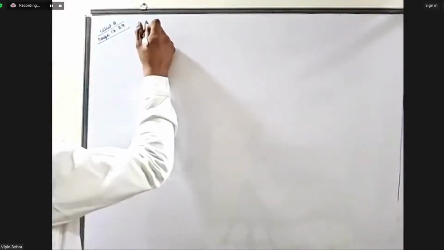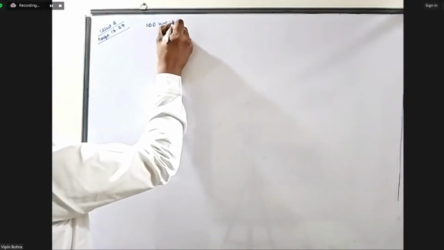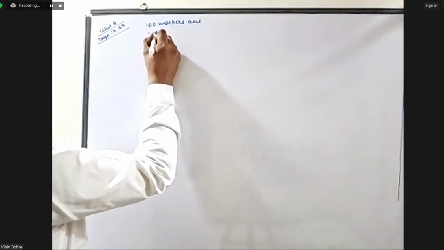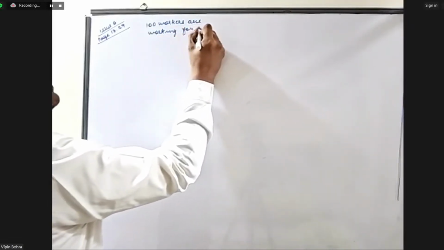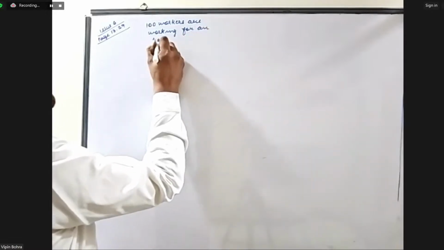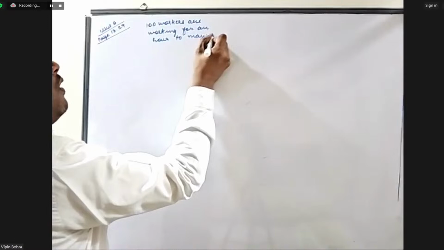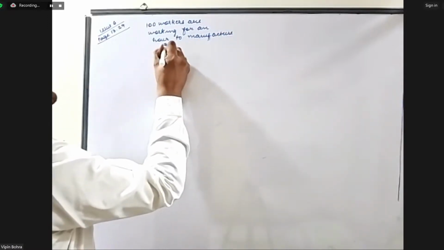So collectively 100 workers are working for an hour to manufacture 25 units.